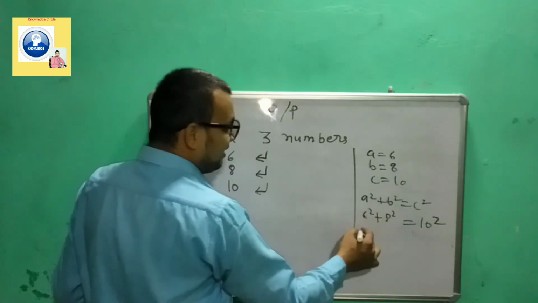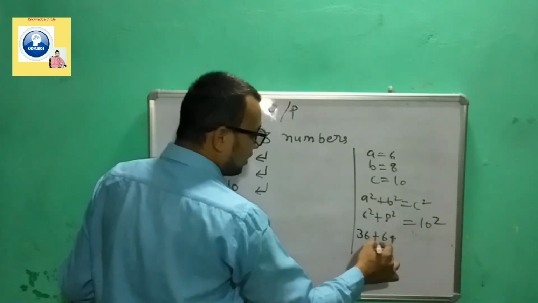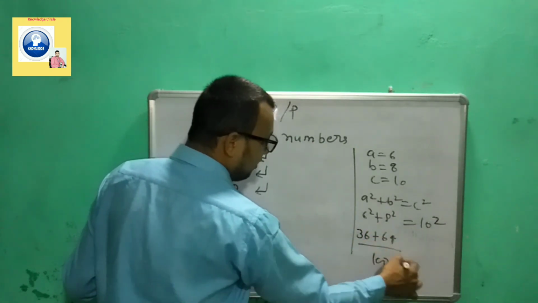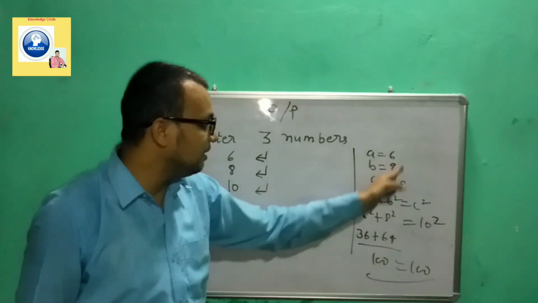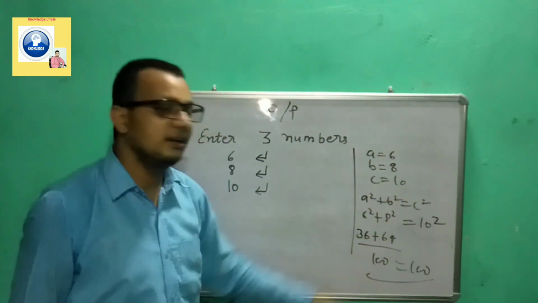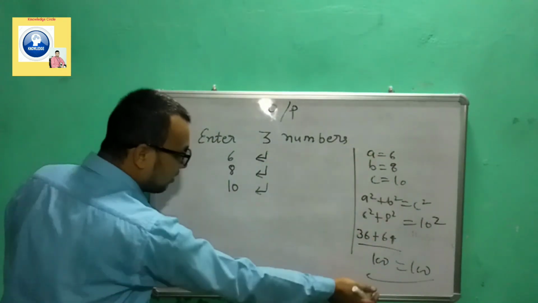Whether they are equal or not. The square of 6 becomes 36. The square of 8 becomes 64. Let's add them. When we add, we get 100. Yes, it means it is equal. It means that these 6, 8, 10 are Pythagorean triplet.